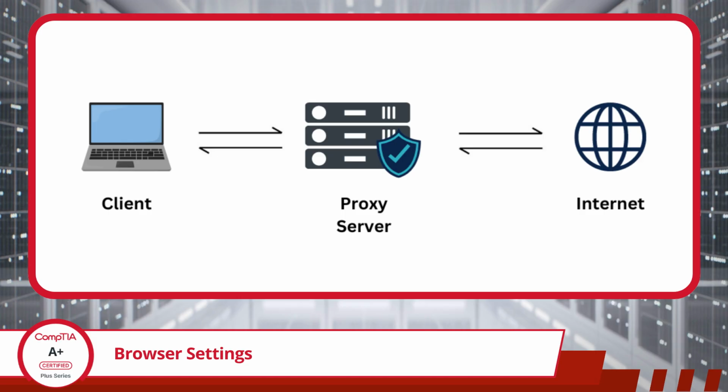Proxies can serve several purposes, including content filtering, monitoring internet usage, improving privacy, and controlling access to websites. In business environments, organizations often use proxy servers to enforce acceptable use policies or inspect outbound traffic for security concerns. Some users also use proxies to help obscure their IP addresses or filter internet content.